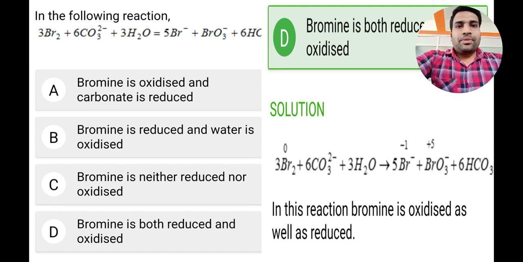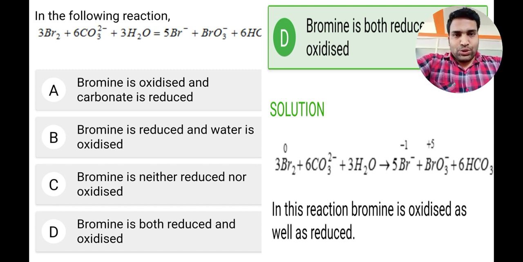Next question, in the following reaction, 2Br2 + 6CO3 2- + 3H2O gives 5Br- + BrO3- + 6HCO3-. So the options are: A, bromine is oxidized and carbonate is reduced.